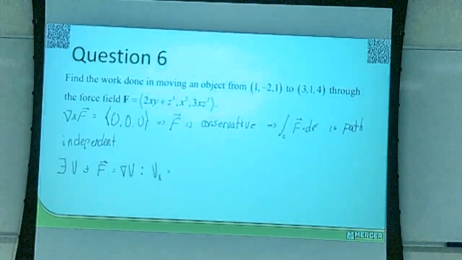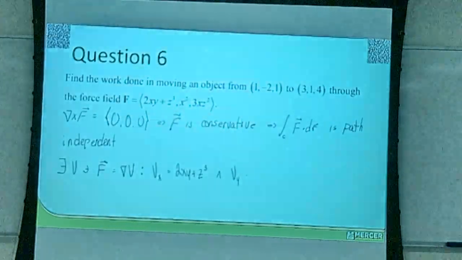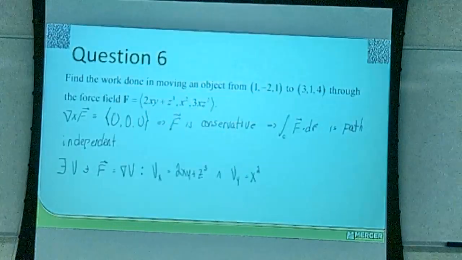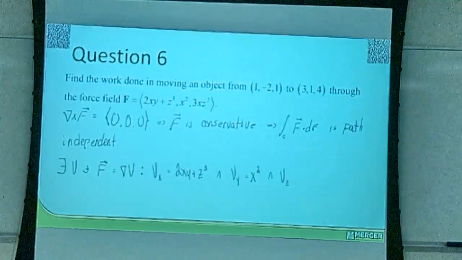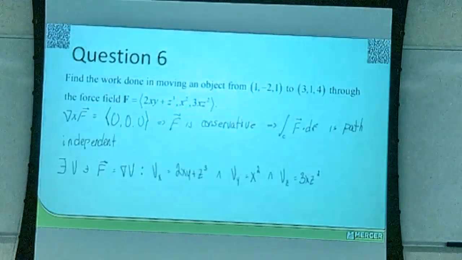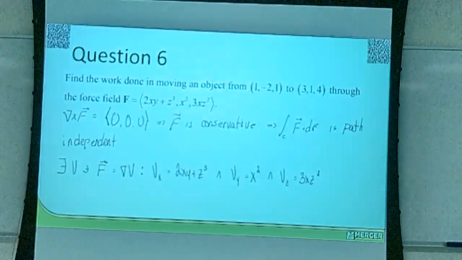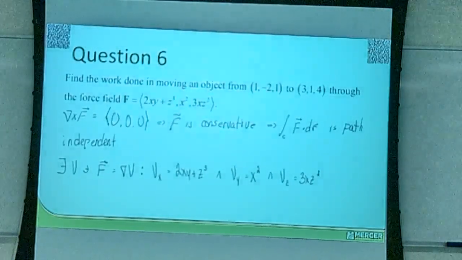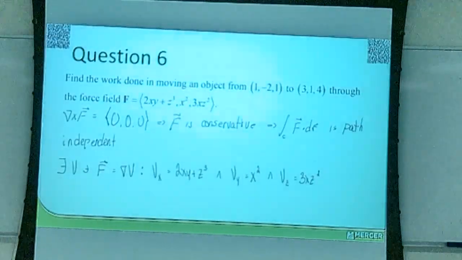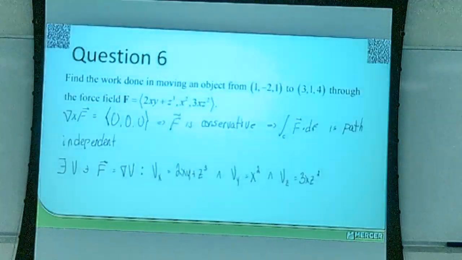Partial of v with respect to x has to be 2xy plus z cubed. Partial of v with respect to y has to be x squared. Partial of v with respect to z has to be 3xz squared. So we have to find a function v that satisfies those three partial differential equations.